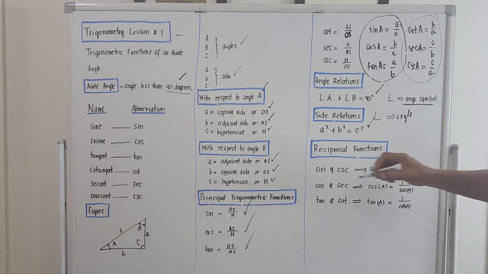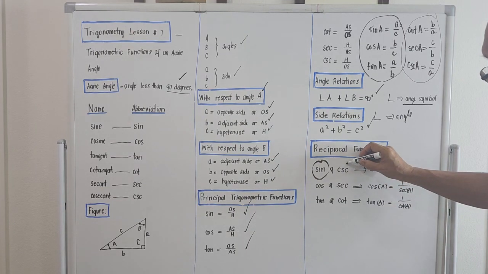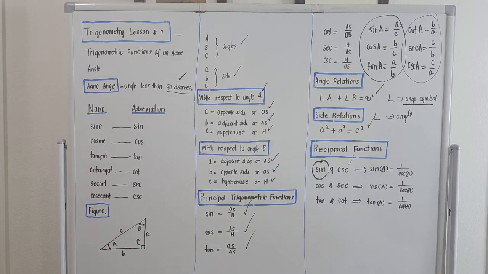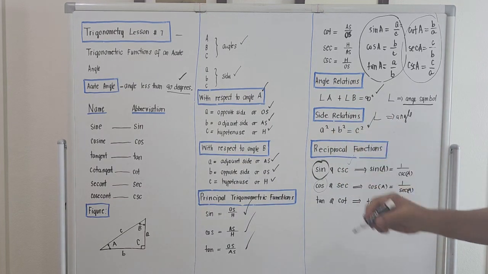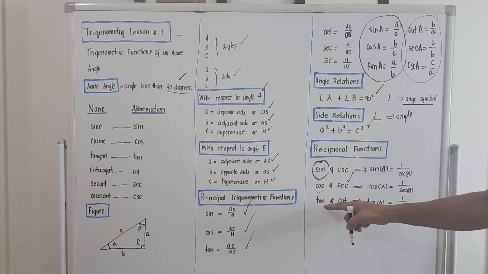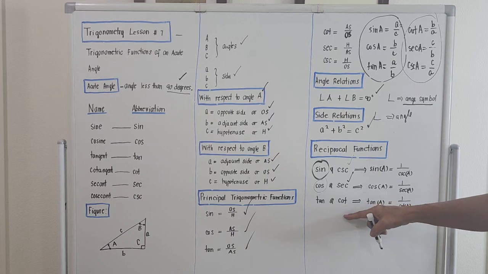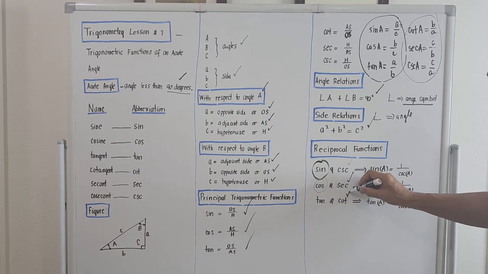Meaning to say, if you know the definition of sine, just take the reciprocal of this and that will be cosecant. If you know the definition of cosine, to take for the secant, just take the reciprocal of this and that will now be secant. And for tangent, to take the value of a cotangent function, just take the reciprocal of the tangent function and that will be the cotangent.